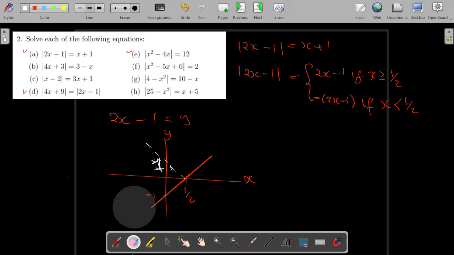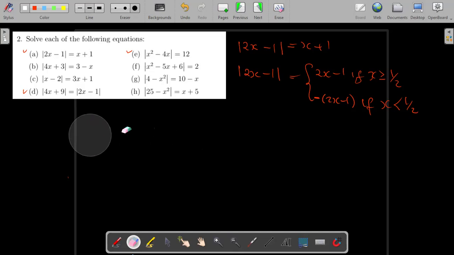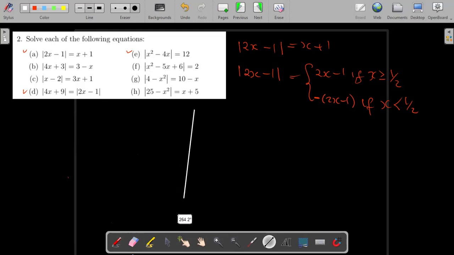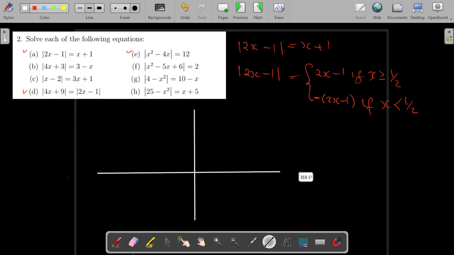Let's graph the entire question given. Draw the xy plane. The graph is the same as the line, but with the side in the negative region reflected to the positive region.